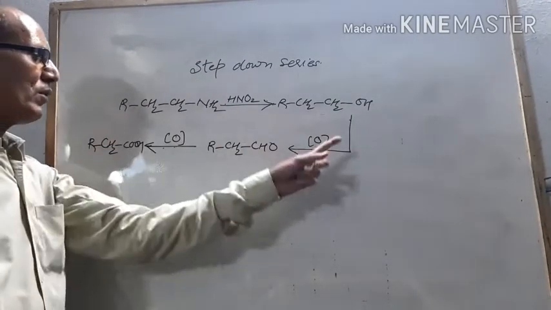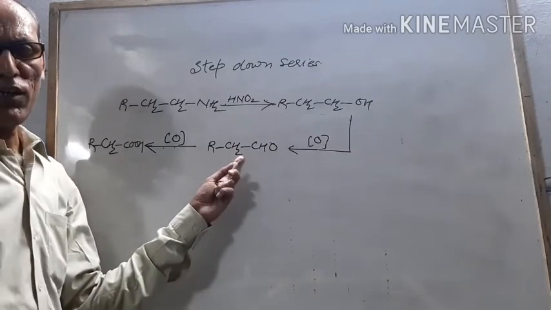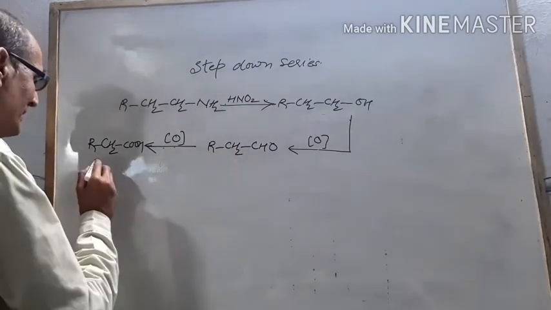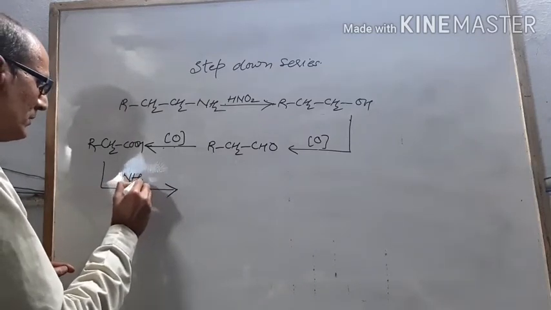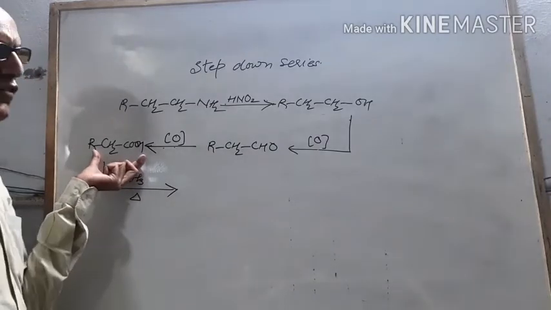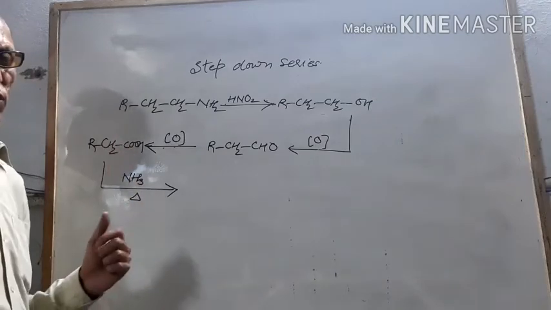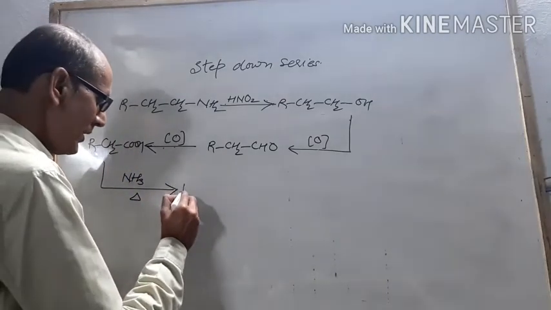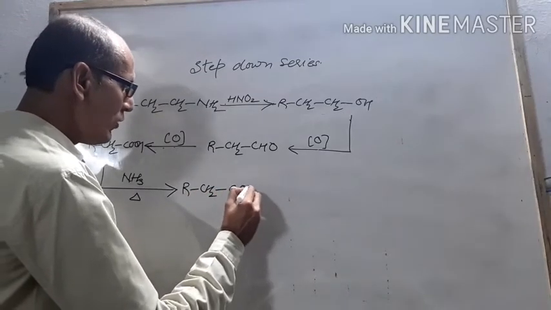I have written both because many times you may want to prepare the aldehyde. Next step, we react with ammonia and heat. This is an important reaction of carboxylic acid, in which ammonia reacts with carboxylic acid. So amide will form, R-CH2-CONH2.